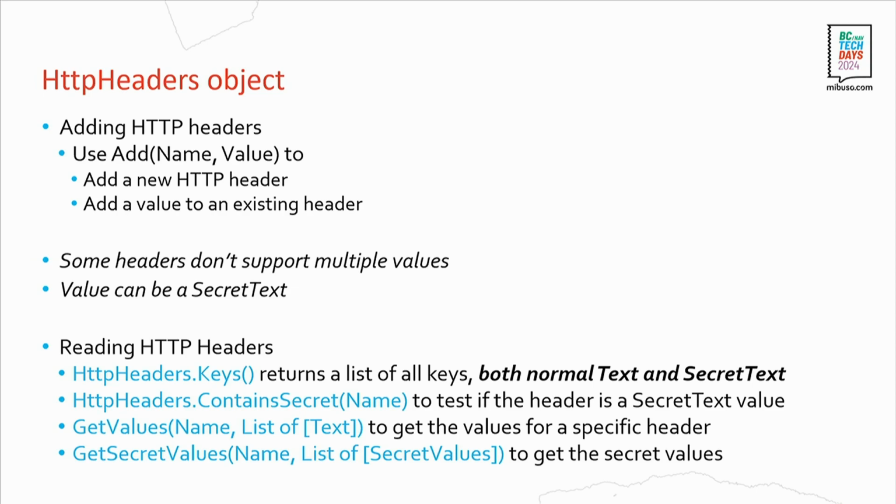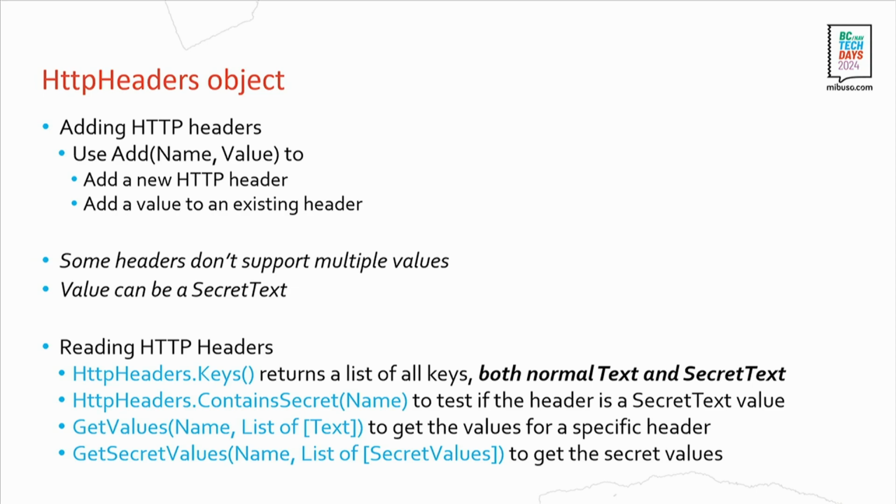Now there is a little bit strange thing going on with the HTTP header object when it comes to secret text. We have HTTP headers.keys, which gives you the list of all the names, which is both text and secret text. I mean, the name itself is not a secret text, it is the value. So it gives you a list of all the keys.